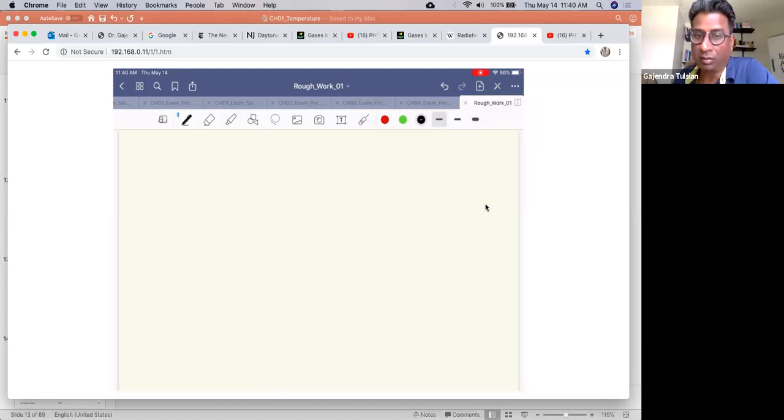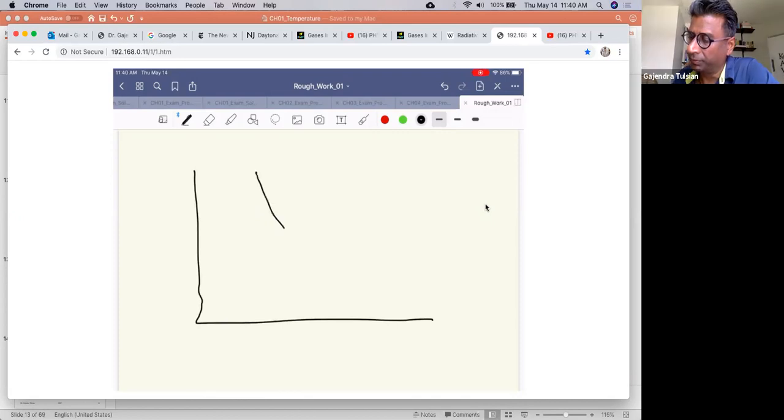So here's the phase diagram for water, pressure, temperature, and here's 1 atmosphere.